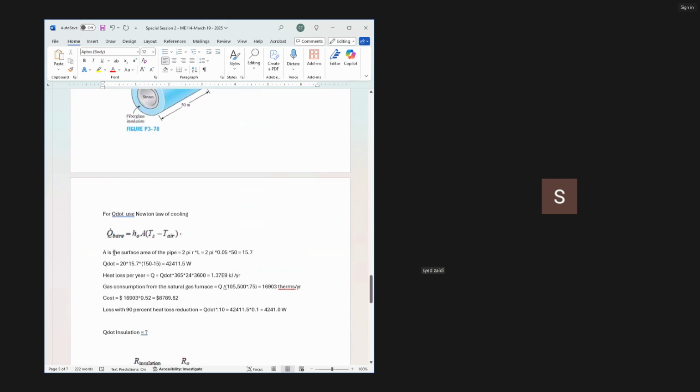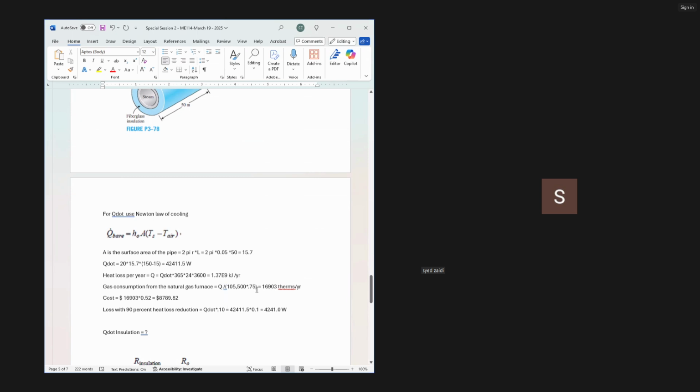The first part is very simple. H0 area Ts minus T air. Just remember that area is the surface area. Then heat loss per year is also very simple, in kilojoule per year. You can divide it by 10550 and multiply it by efficiency. So that will be your gas consumption. One question you can ask is why this efficiency is not on the top.